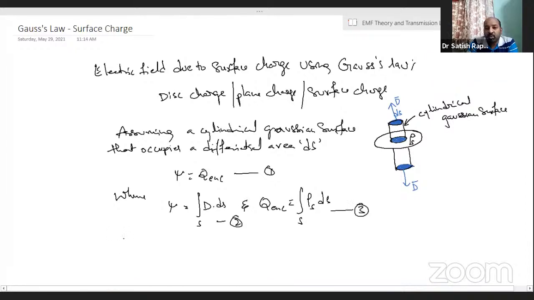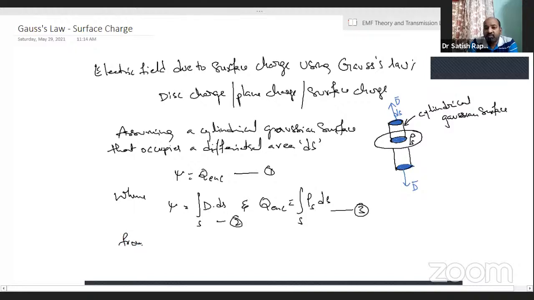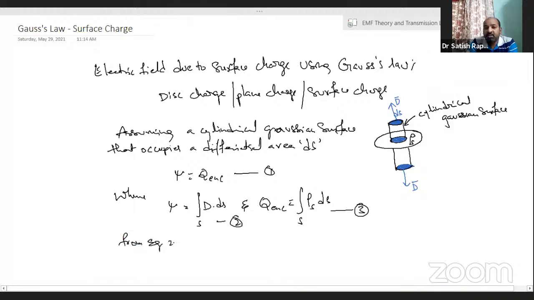So now, from equation 2, psi is equal to the integral. We have assumed a cylindrical Gaussian surface.